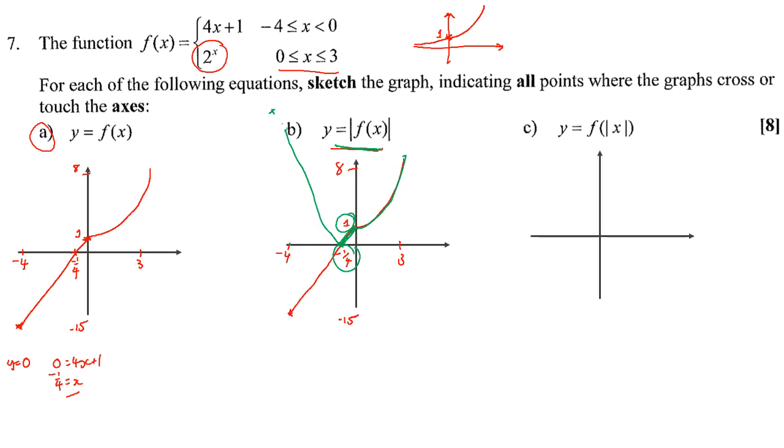For the next one, y equals mod f of mod x. Again, I'd do my little sketch of the original graph, and then be looking at mod x. So anytime x has got a negative value here, like this point -1/4, well, we take the modulus of that first, so we turn it into 1/4, and then we plug it in to f of x.